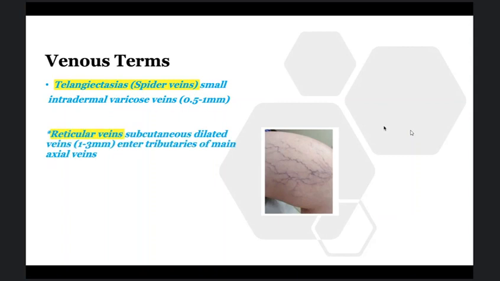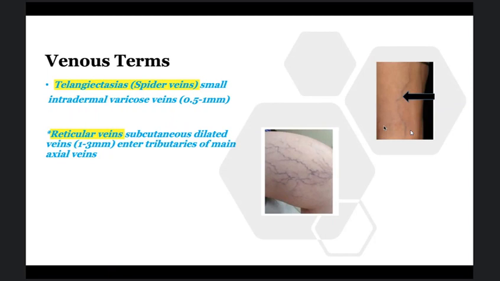Also, we have reticular veins. They are subcutaneous, not intradermal. They are subcutaneous, dilated veins, larger than spider veins, about 1 to 3 millimeter in size. They enter tributaries of main axial veins. So, reticular veins and spider veins, and they are subcutaneous.